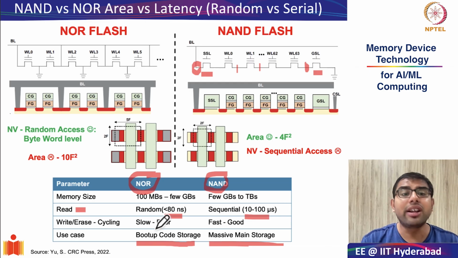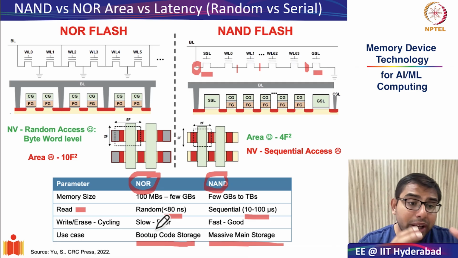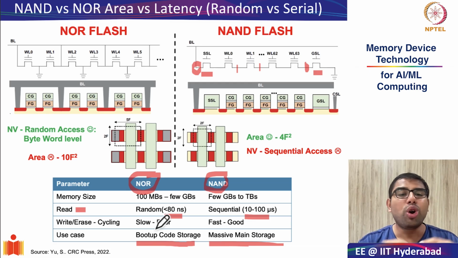Whereas the write ability for NOR flash is very slow, the write ability and the cycling in NAND flash is very good. Because write ability is slow, NOR flashes are generally used to store data which is absolutely essential during the boot up of the device. That is why boot code and security codes are stored in the NOR flash.